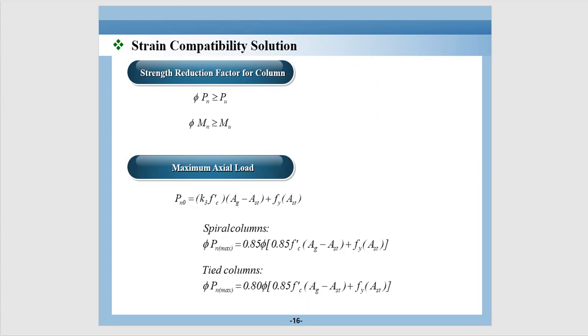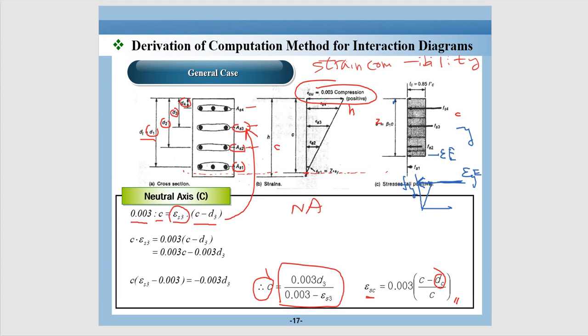Okay, let me just go through one more time quickly to help you understand. Now we're going to take a look at the strain compatibility formulations of the concrete block and levers.